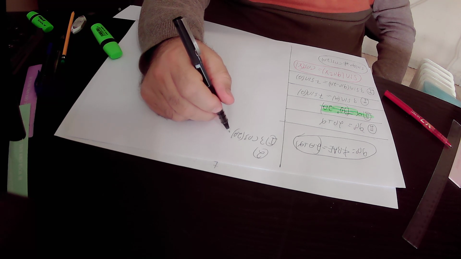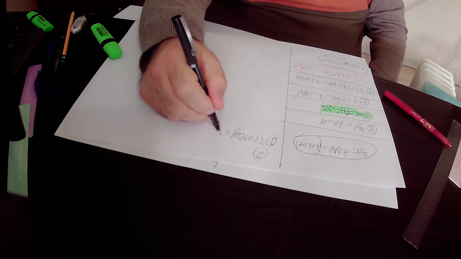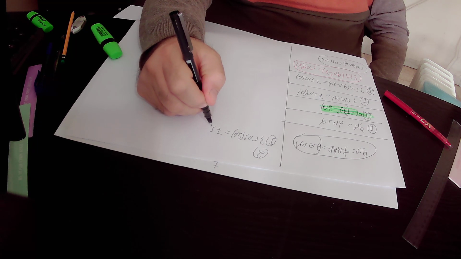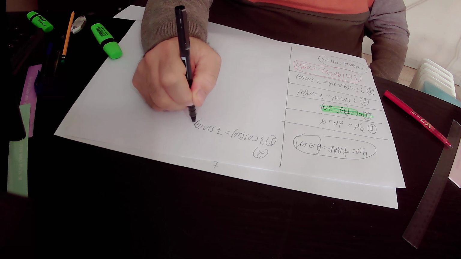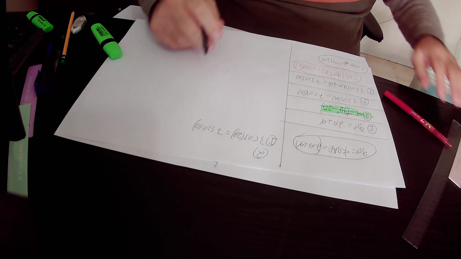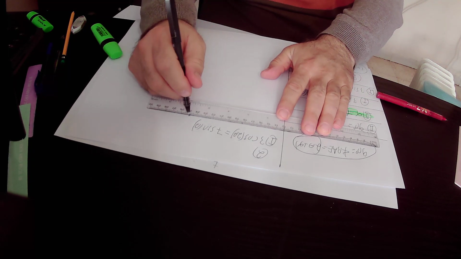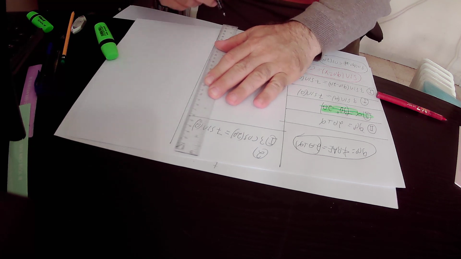So it is 3 times cosine 2 theta equals 7 times sine theta. And we actually have another trigonometric identity for cosine 2 theta.